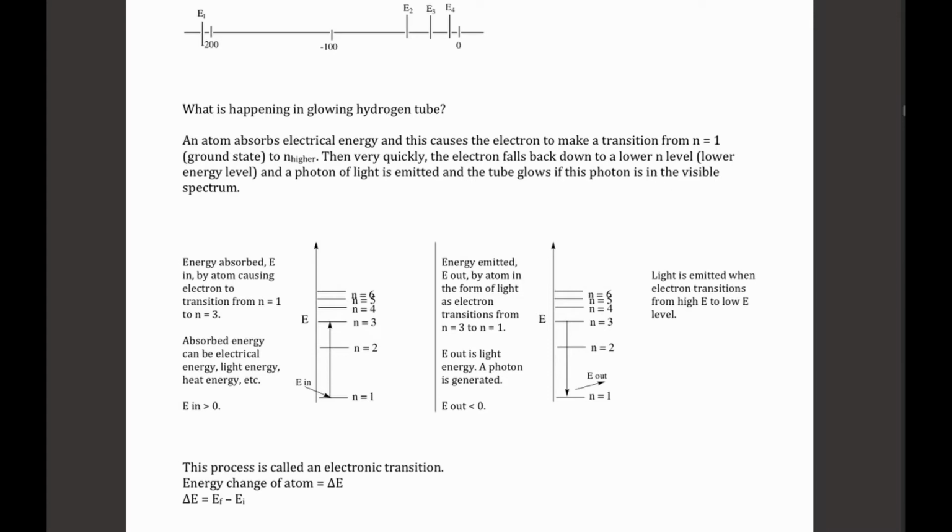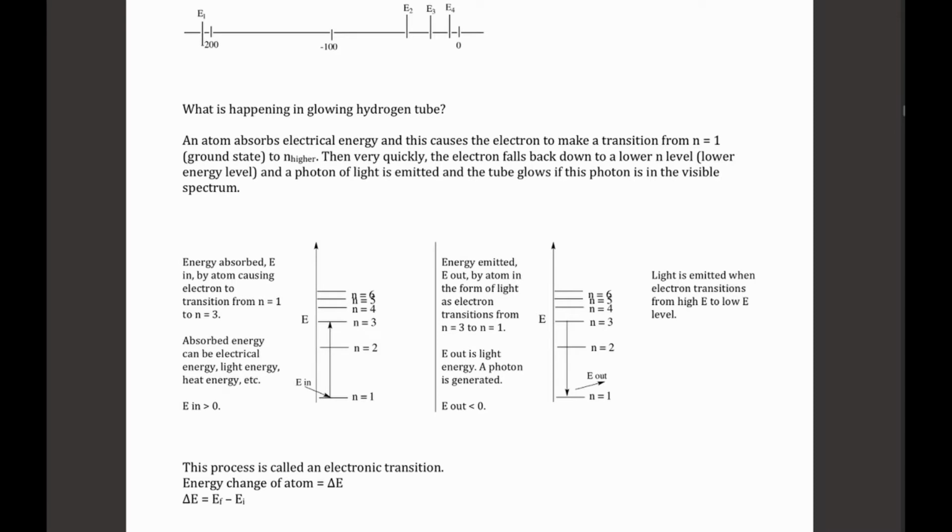Looking at our picture below, we see an energy level diagram going from n equals 1 at the bottom, n equals 2, n equals 3, 4, 5, 6. So energy is increasing, going up.